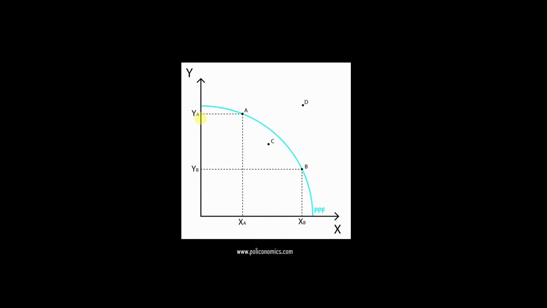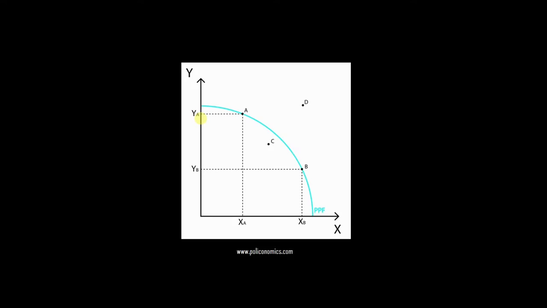Because if you say we produced more of the X or the Y, if you look at point B, you'll see that it's closer to the X rather than the Y. That means we would be producing more of the X and giving up some of the Y. And if we look at A, that would be the position where we would be essentially producing more of Y than of X.